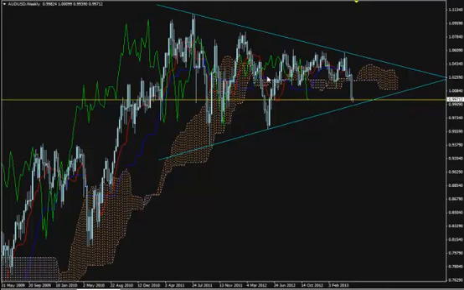Right here, the Kumo is horizontal, but the leading Kumo is curved upwards and flat, has a flat bottom, and it's turned bearish. Its edge is looking bearish. It's most possible the formation of a bearish Kumo here, but we will see.